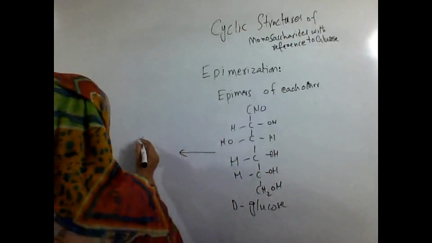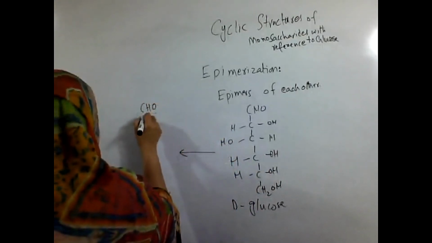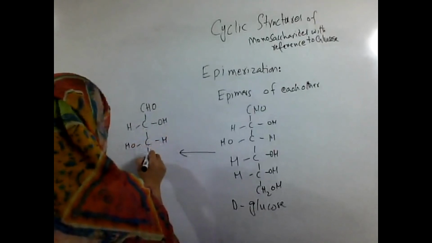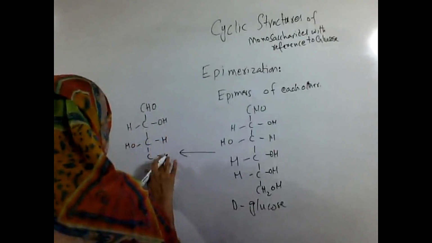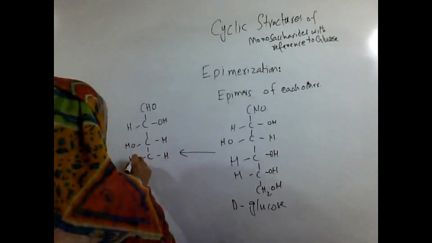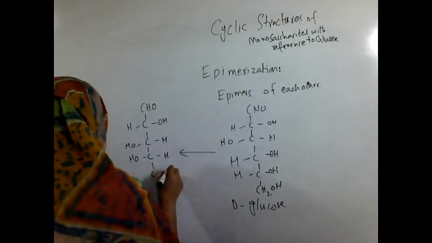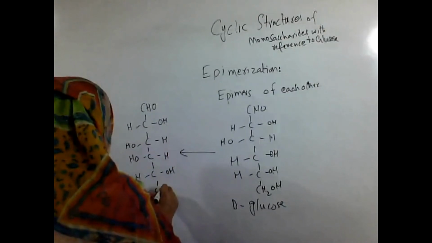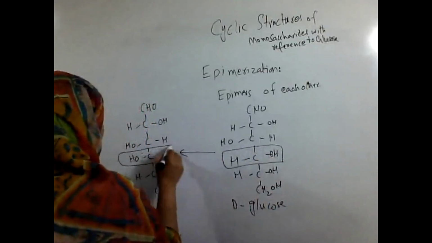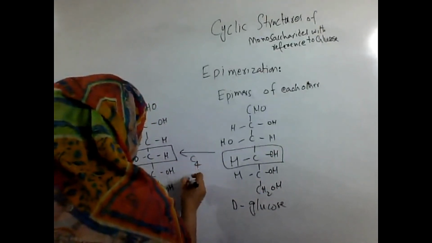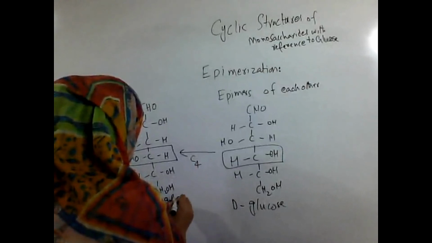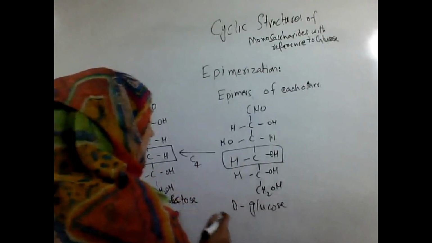It is the epimer of galactose. They only differ at carbon number 4, D galactose and D glucose.